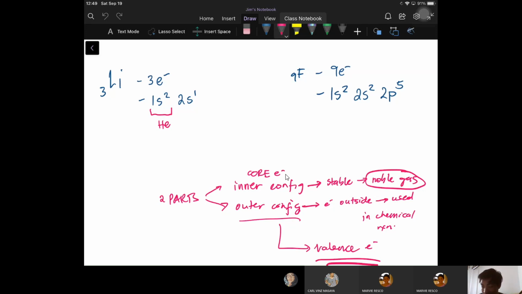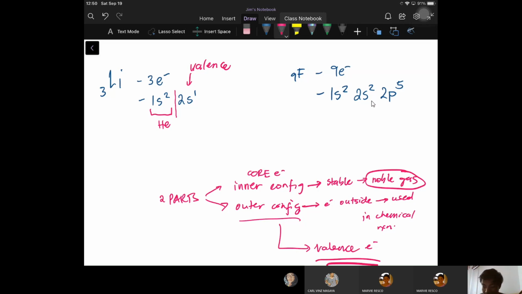Yun yung core electrons natin. Sa case na to, ito yung first two electrons that corresponds to helium. Anything outside it, itong 2s1, ito na yung valence electrons. So we now have the core and the valence electrons.